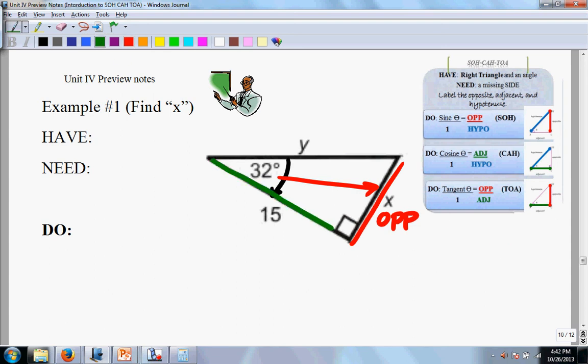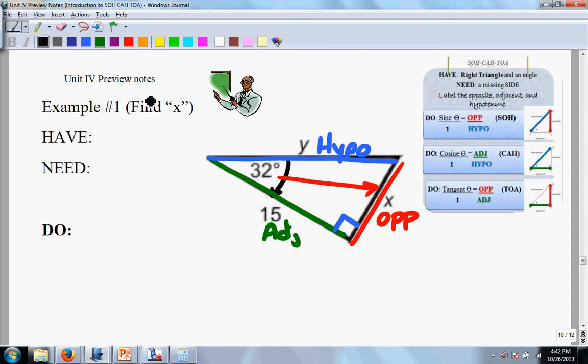Right next to 32 is your adjacent, and then across from the right angle is your hypo. Very, very, very important that you label everything just like I did. Please do not trust your eyeballs. Physically trace, physically label all the sides.